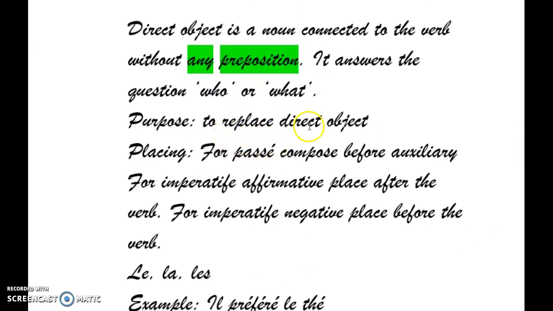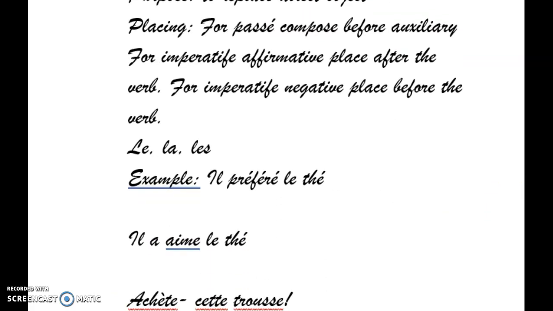The purpose is to replace the direct object. Placing: for passé composé, before the auxiliary. For imperative affirmative, place after the verb. For imperative negative, place before the verb. We will replace the direct object with the following: le, la, les. Let us do a few examples so you understand more about this.